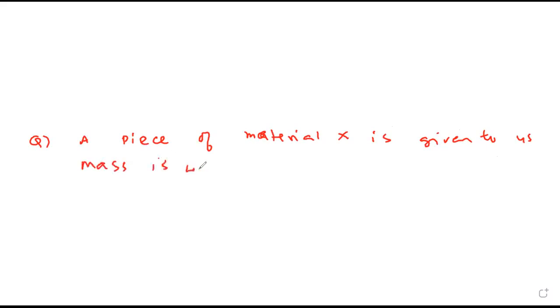A piece of material X is given to us. Mass is 40 gram, with error of 0.4 gram.